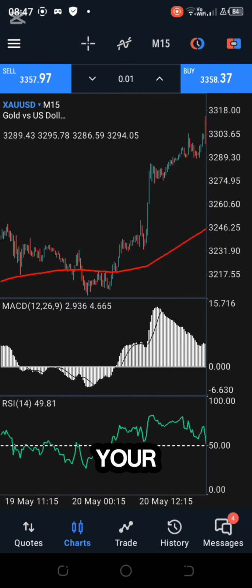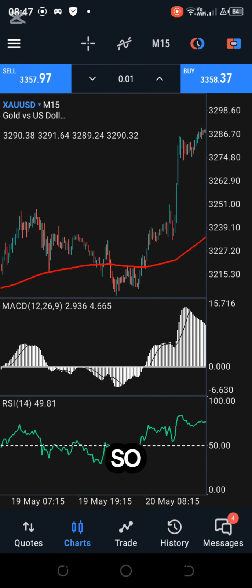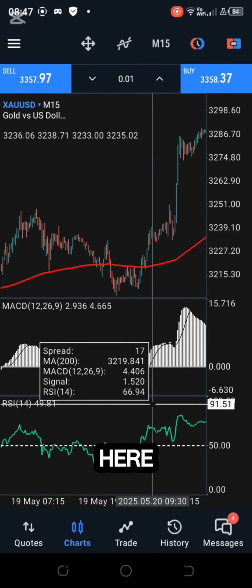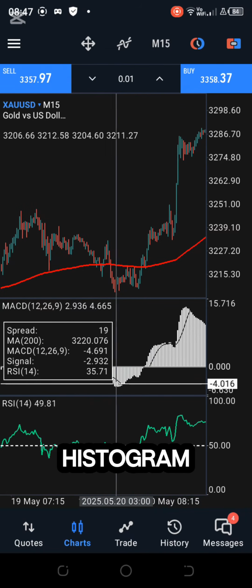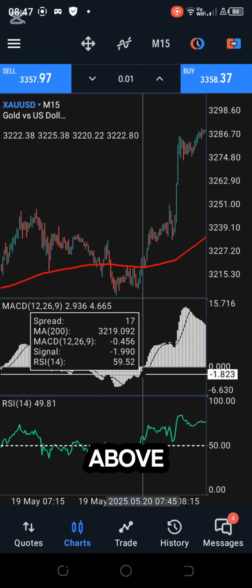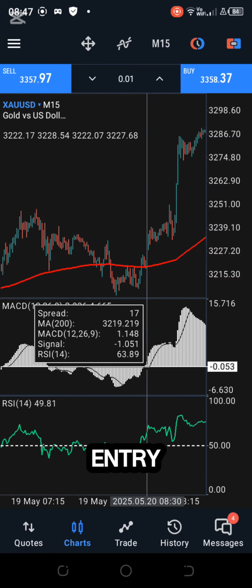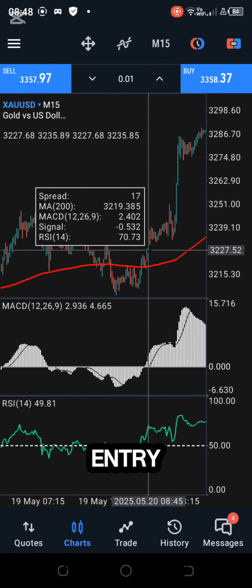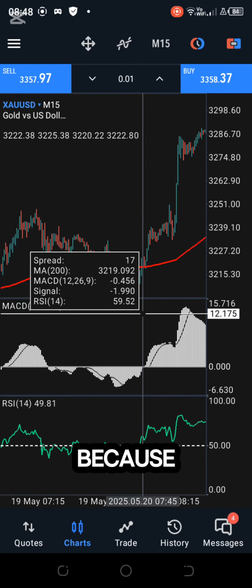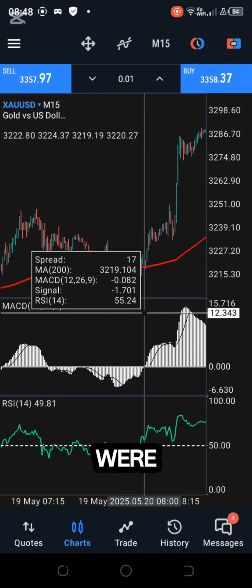Now for your entry, you're going to wait for the MACD. If you look at this particular level here, when the histogram of the MACD crossed above the 0 level, that's when we get an entry, because all our conditions were satisfied.